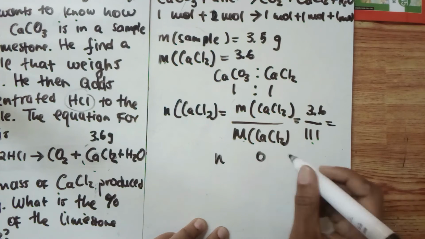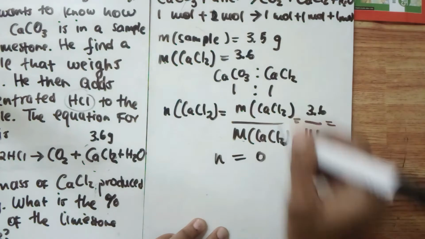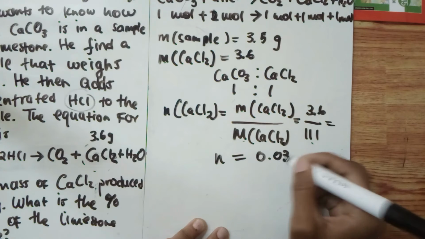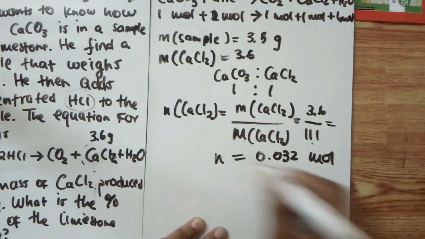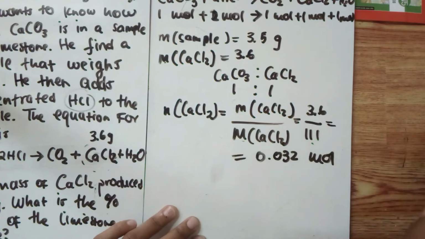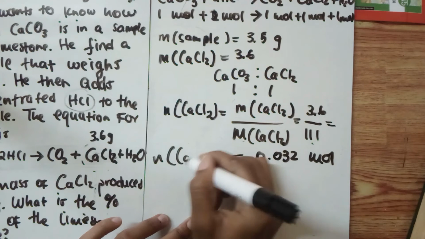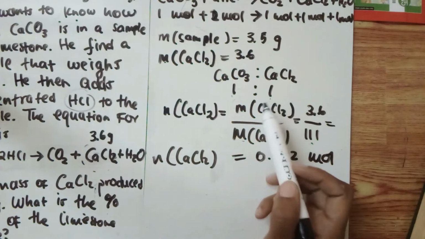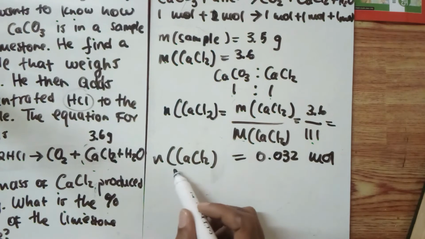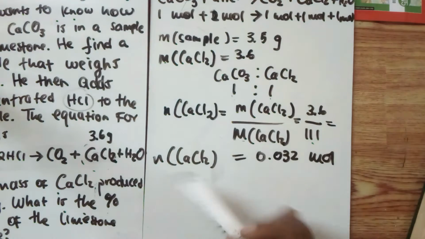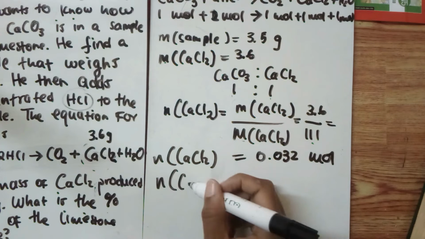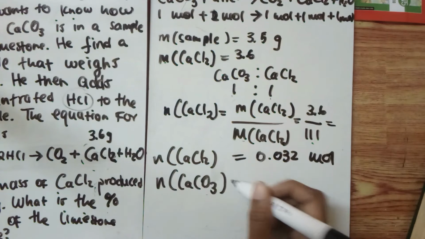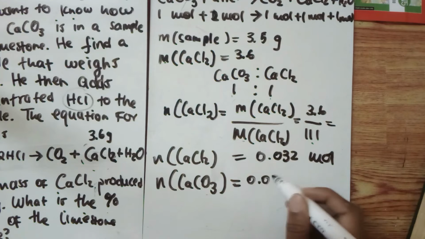The number of moles is 0.032 mole for calcium chloride. Since the ratio is 1:1, the same number of moles applies to calcium carbonate.